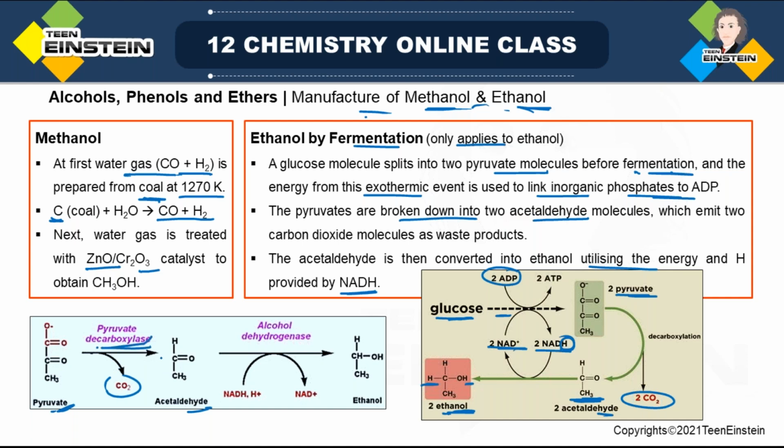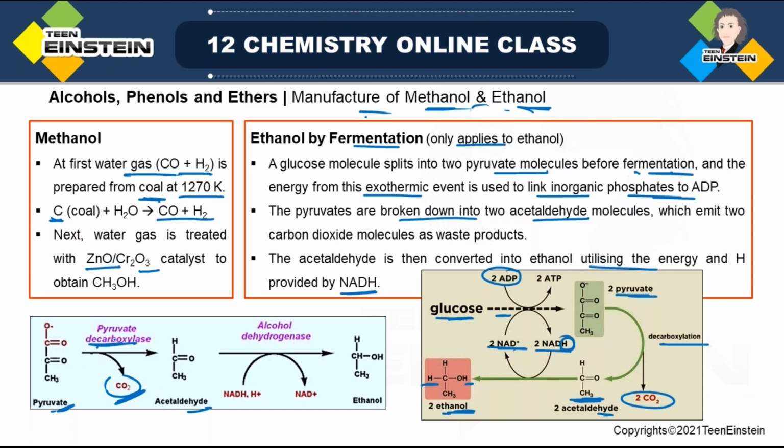From the enzyme name you can easily understand its role, because pyruvate decarboxylase is generated from decarboxylation, which means removal of carbon dioxide. This enzyme helps this process, that is why the name of this enzyme is decarboxylase.